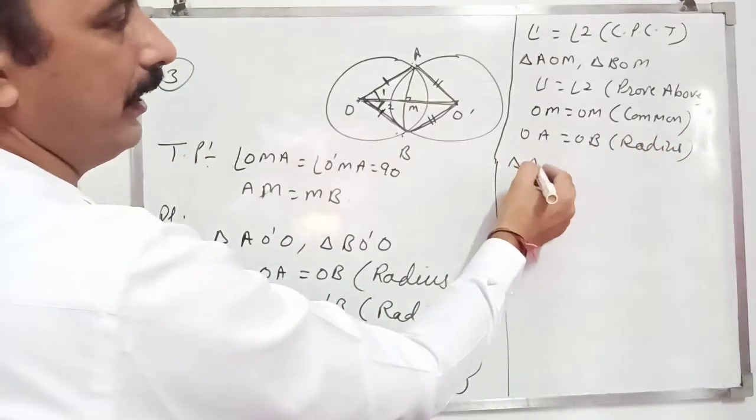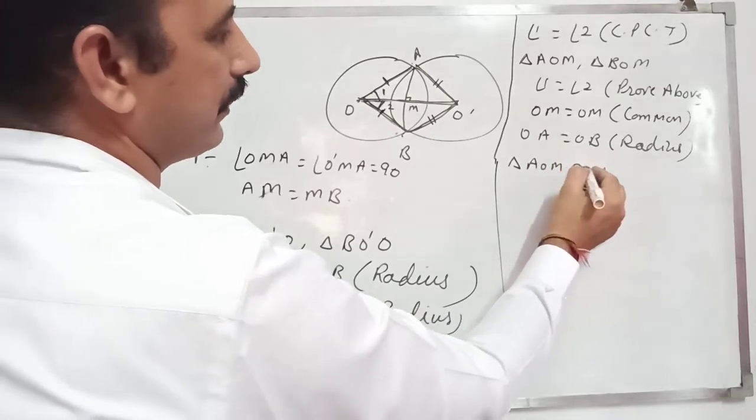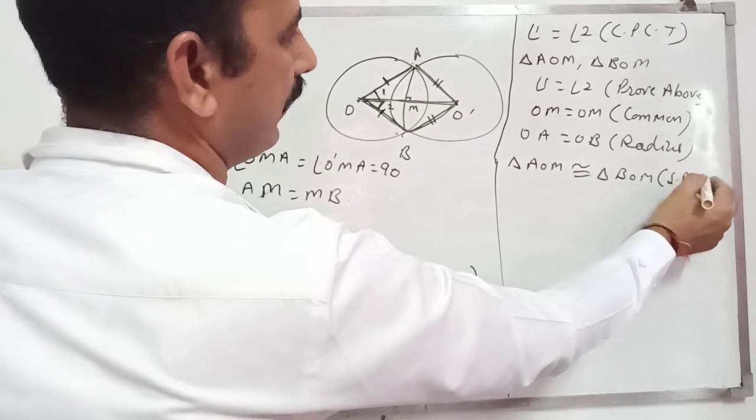So triangle AOM is congruent to triangle BOM by SAS.